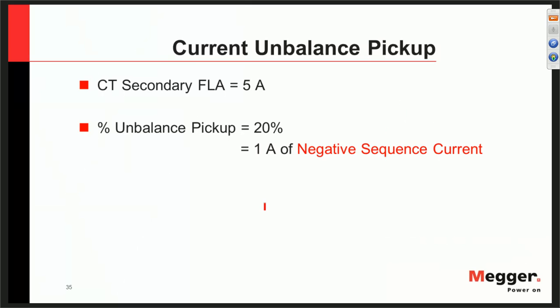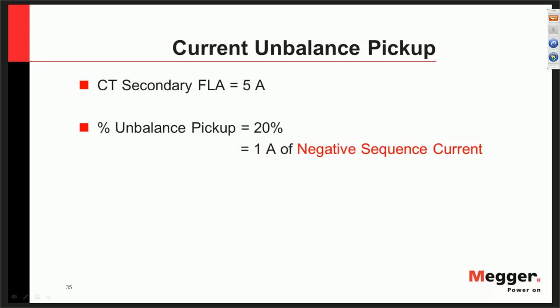Let's take current unbalance pickup in a motor or in a generator again as an example. According to the relay settings, CT secondary full load amps, I'm assuming it to be 5 amps at the moment, just as an example. And I'm saying that my percentage unbalance is set to 20%.